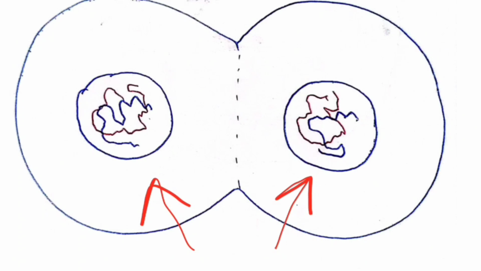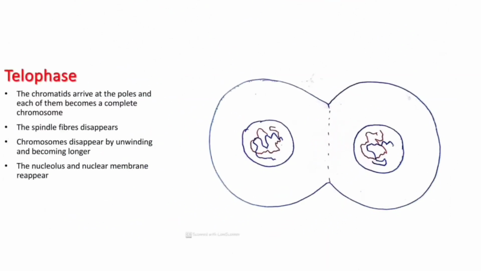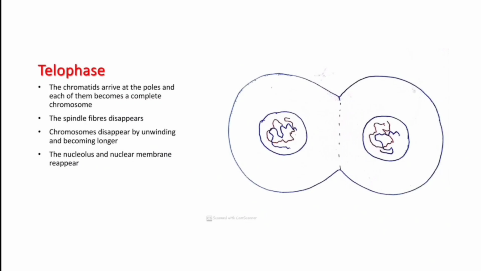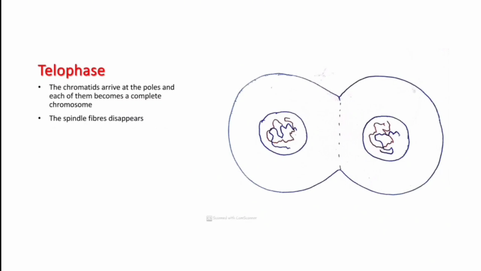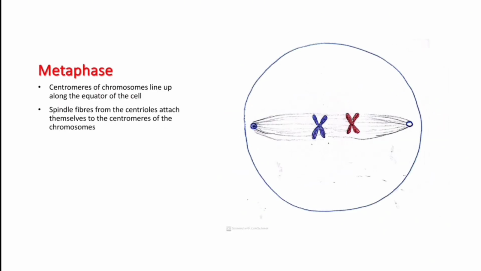So in other words, we've got 46. We also have 46, because remember I said that I can't draw all the 46. So whatever is happening to these two is also happening to the rest. So what we are seeing here, the new cells, they are exactly the same as the previous cell, the cell that we started with. So let's go back to that cell.